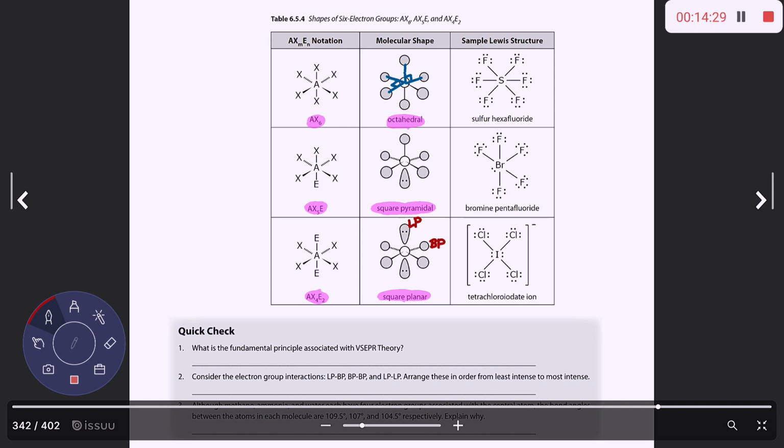So since the bonding pairs are more contained, I'm just repeating what I said earlier, these bonding pairs would not repel each other as much as this lone pair will with another bonding pair, right? So the bond angle would be expected to be smaller between a lone pair and a bonded pair than 2 bonded pairs would be with each other. Okay. I think that's all we have to mention for the shapes. Is that enough?